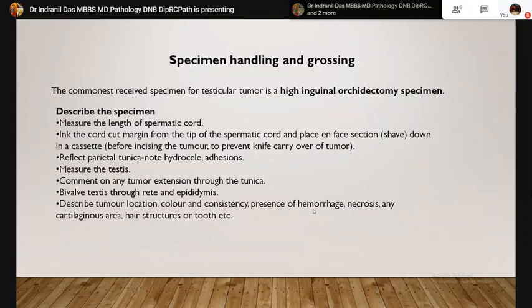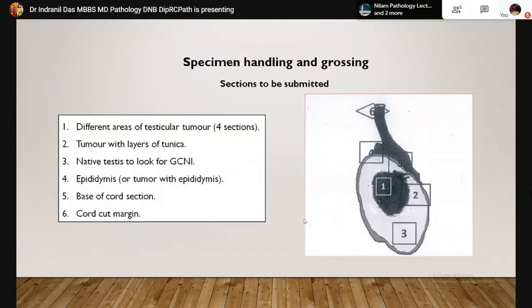Then describe the tumor regarding its location, color, consistency, presence of any hemorrhage, and as well as tumor measurement. You have to also note for presence of any cartilaginous area or hair structure or tooth in the tumor.